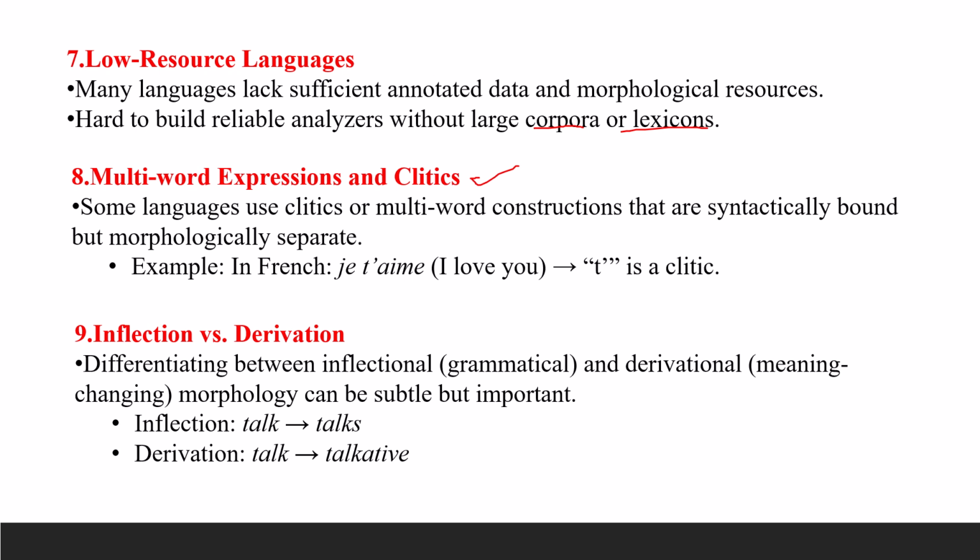NLP systems must detect these relationships. That is what multi-word expressions and clitics are. The system should identify what the meaning is exactly, and it must detect the relationship among these words. This is the eighth one.